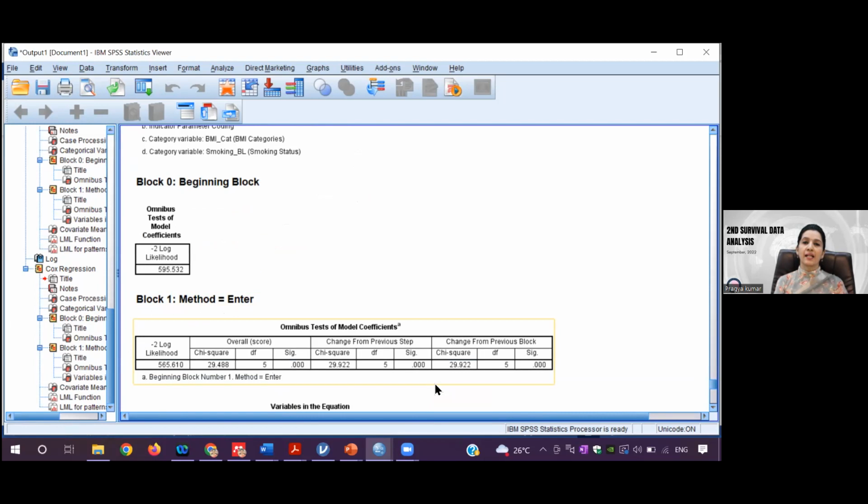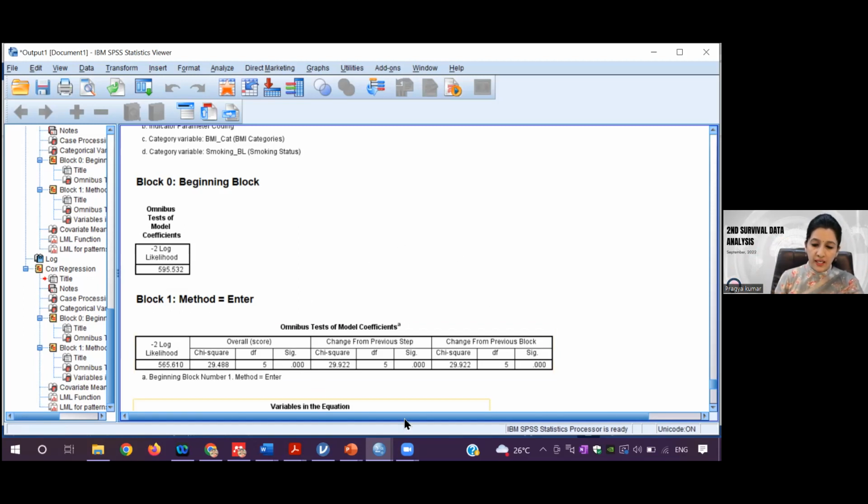Ultimately, like in logistic or in linear regression, there is a concept of residual. Remember, you calculate the expected survival and you calculate the observed survival. And that chi-square, which you are seeing here, is again calculated based on the expected and observed survival.